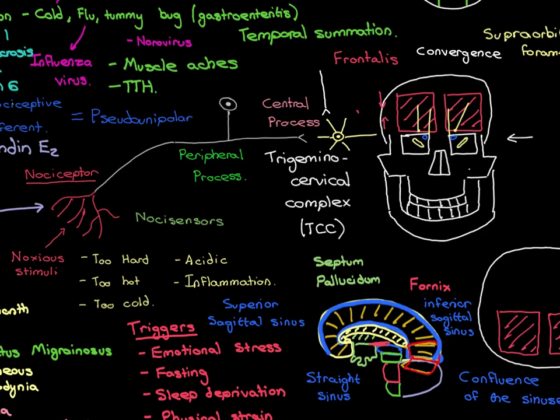Now, you might think, if you were designing the trigeminocervical complex, that when you have convergence, all of the primary nociceptive afferents that are going to synapse onto a single second-order neuron should be from the same portion of tissue. They should be innervating the same little bit of tissue, very close to one another, so that they're giving information about the same sort of stimulus.